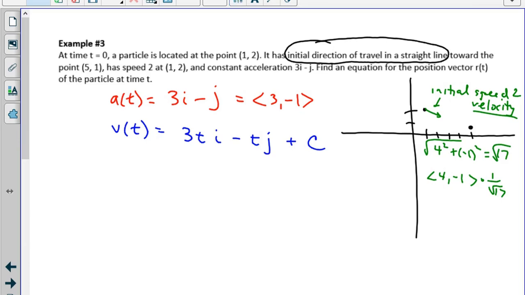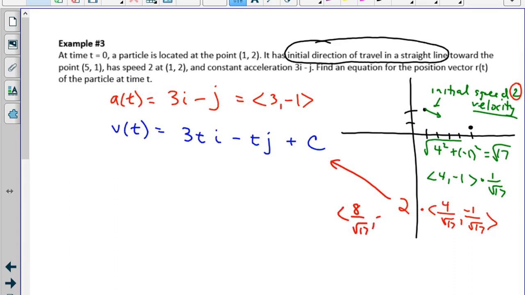Since it tells me that my initial speed is 2, that means that I'm going to want to multiply (4 over root 17, negative 1 over root 17) by 2. So that means that my constant in this case is (8 over root 17, negative 2 over root 17).